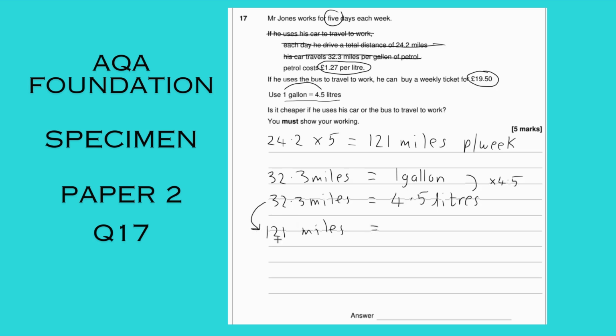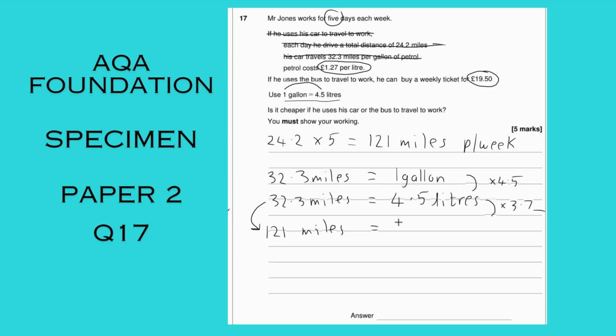As always, to find a multiplier, do a divide. So 121 divided by 32.3. No doubt a horrible decimal. Yep, horrible decimal. I'm getting 3.7 and it goes on forever. So just keep that number in your calculator screen because at the end of the day, we're going to times it by 4.5.